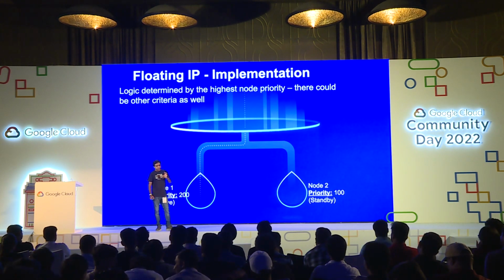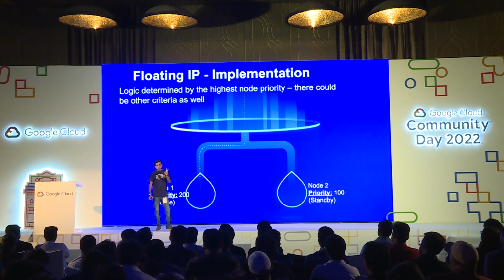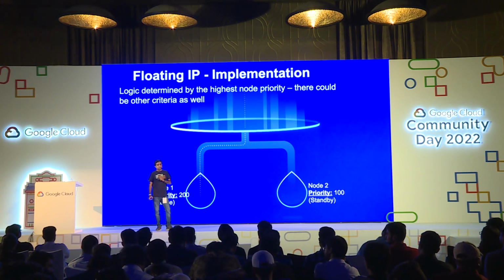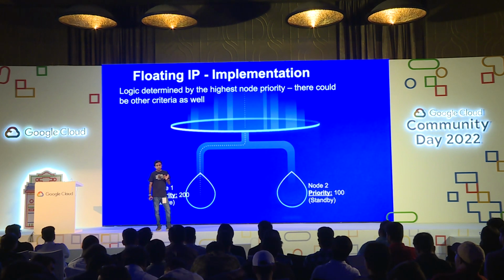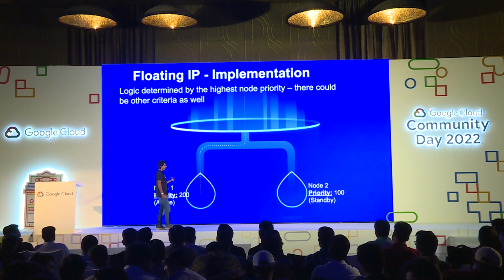So here is a good example of what it is. You have 2 nodes which are HA nodes in the HA cluster. Node 1 has a priority of 200, and node 2 has a priority of 100. So your HA logic determines the active node to be the one with 200.